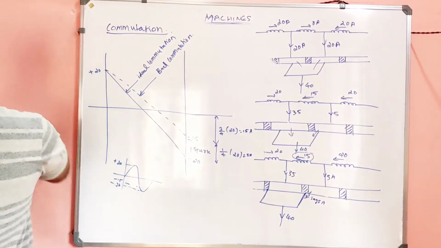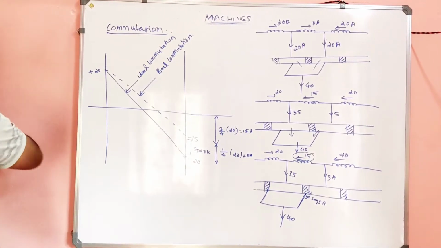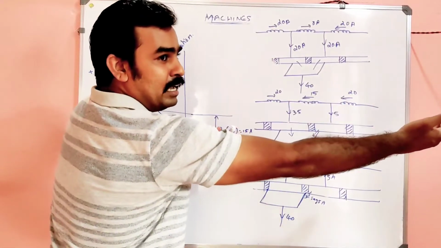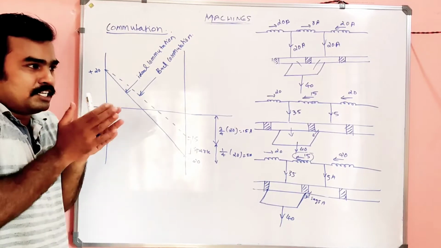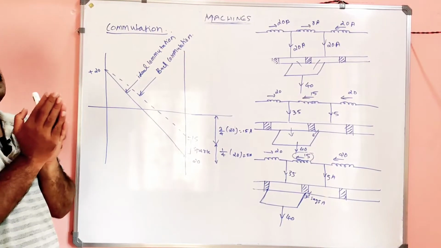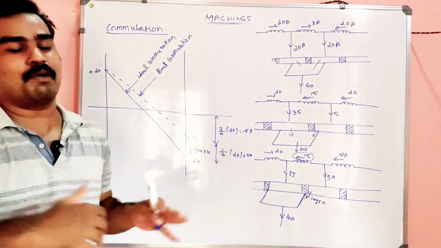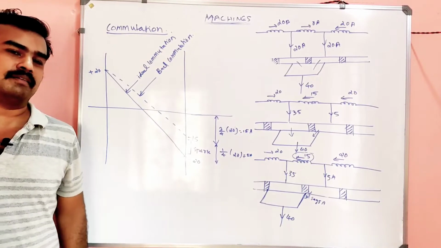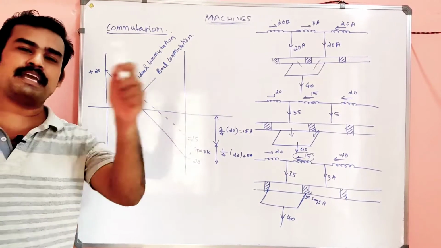But the average value is collected as 14 ampere due to the neighboring commutator's help. That is the meaning of why the loss happens in the sense of commutation, but not in the sense of the output voltage. There is nothing lost in the output current, but there will be a loss in the commutation. There will not be a proper commutation.